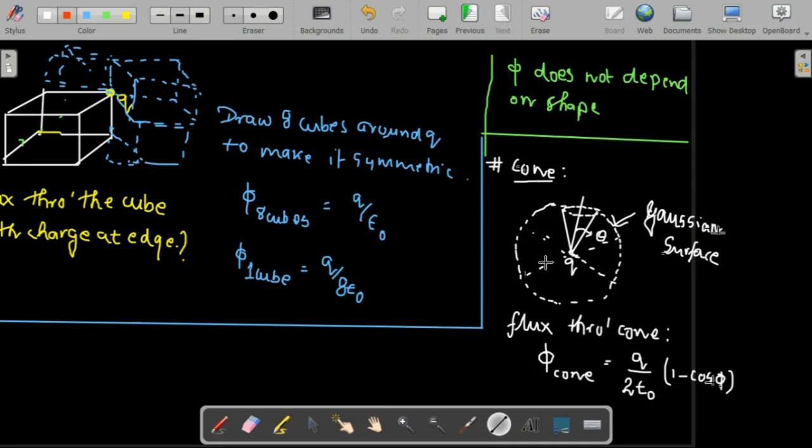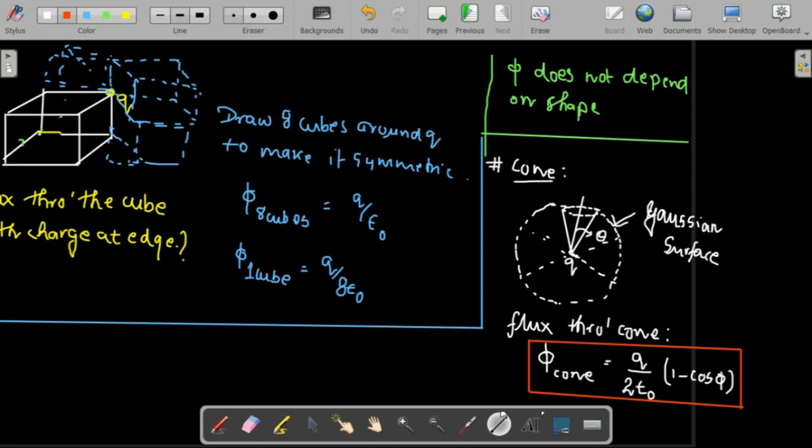So if you're considering a cone, and theta is, let's say, given, we can directly use this formula. We're not using anything different here. We are using the same logic of having a symmetric charge at the center of a sphere. Q by 2 epsilon naught times 1 minus cos theta, where this is theta. Anyway, I have denoted it as theta, so I should not write phi.